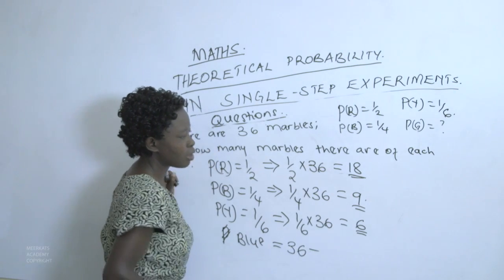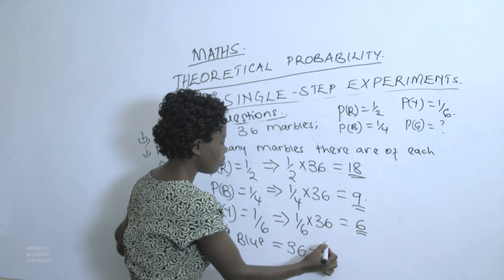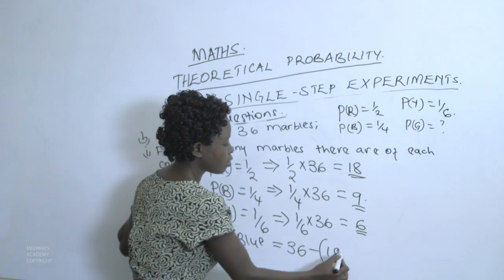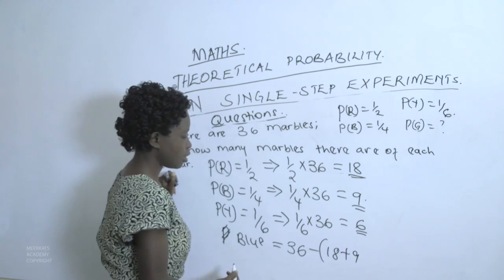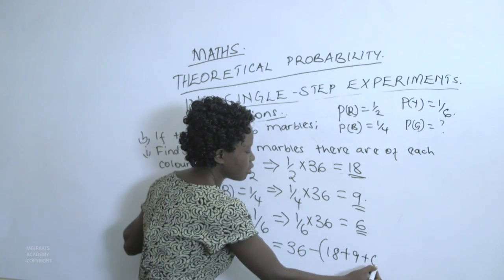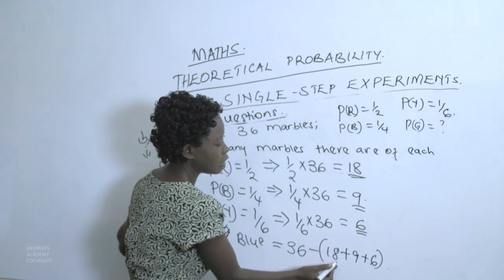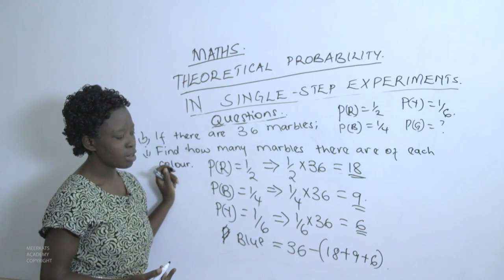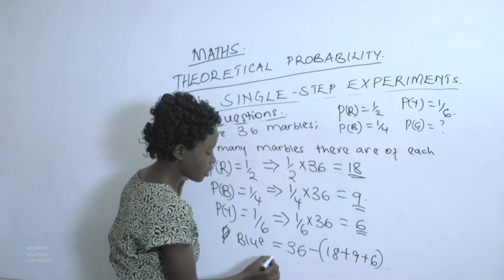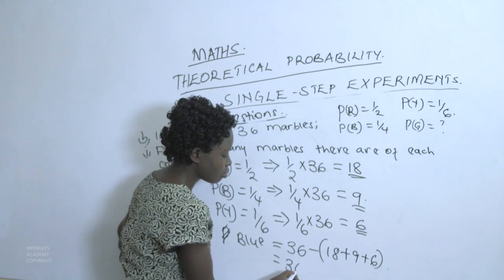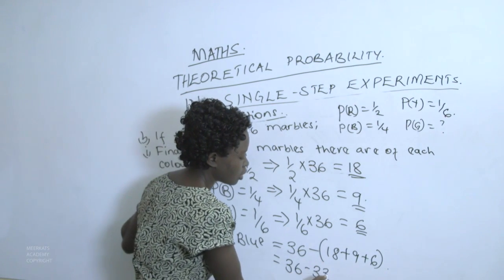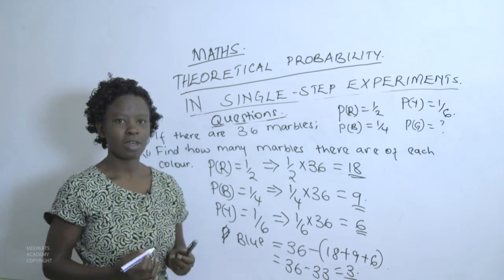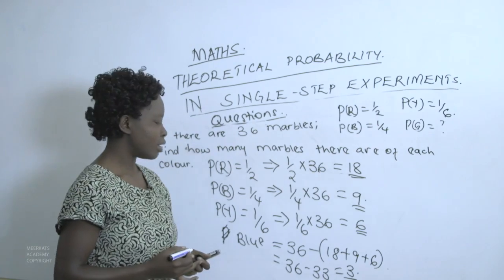Then minus, the red marbles are 18, the blue marbles are 9, and the yellow marbles are 6. So we have 18 plus 9, that is 27. 27 plus 6, we have 33. So we are having 36 minus 33, and we have 3 marbles that are green.